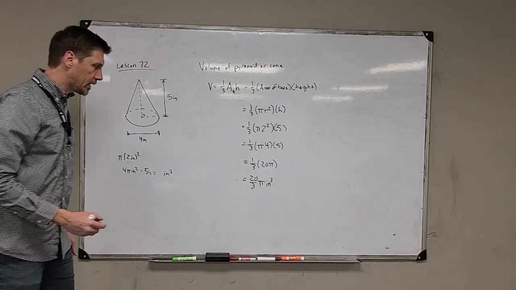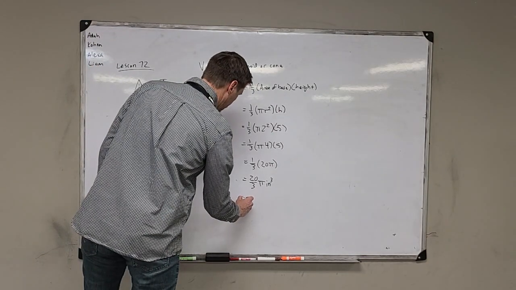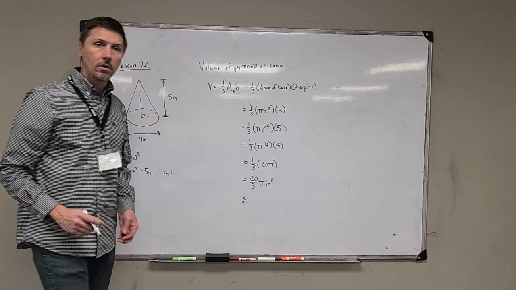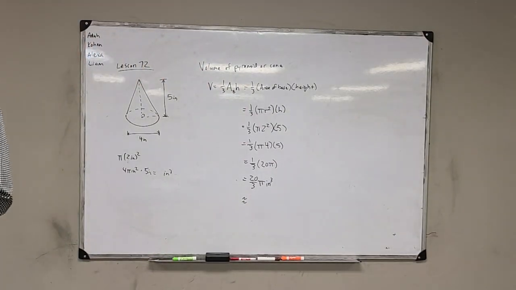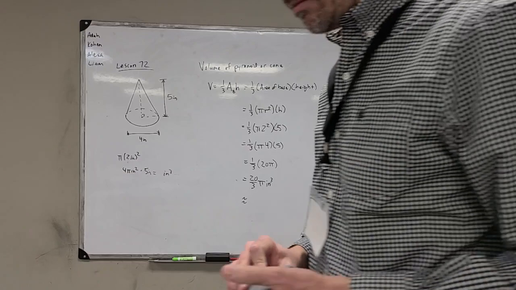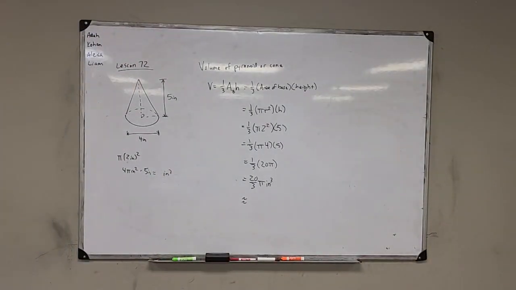And then we can punch that in the calculator and just use 3.14 as our value for pi. Whoops, I don't have, let me get a calculator. If I punch that into my calculator, I get 20 divided by 3 is 6.666666 times 3.14.